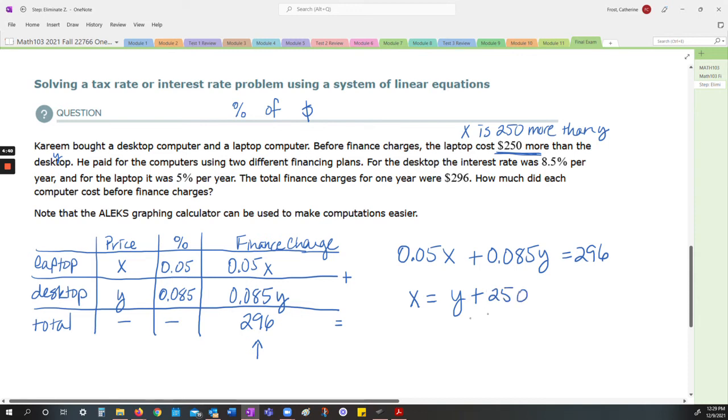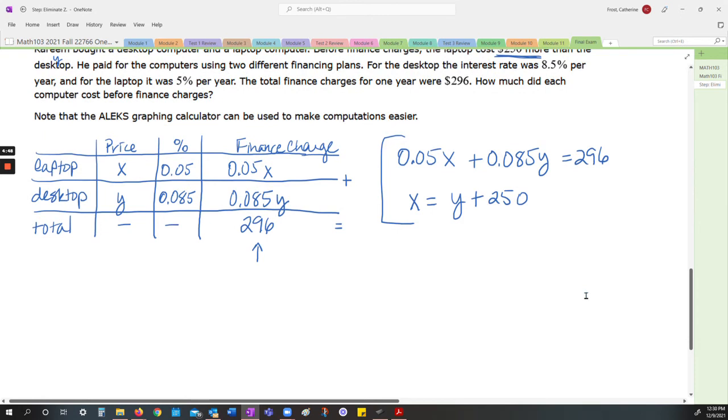It doesn't matter what the order is when you're adding. Okay, there's our two equations. And so it happens to be already set up to use substitution because we've got x isolated, so we can substitute in for the x in the other equation.